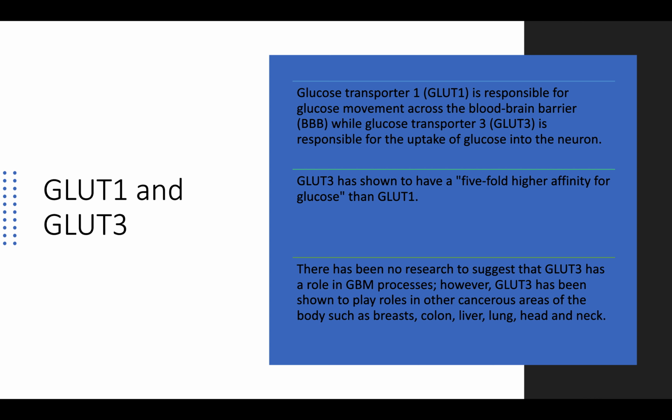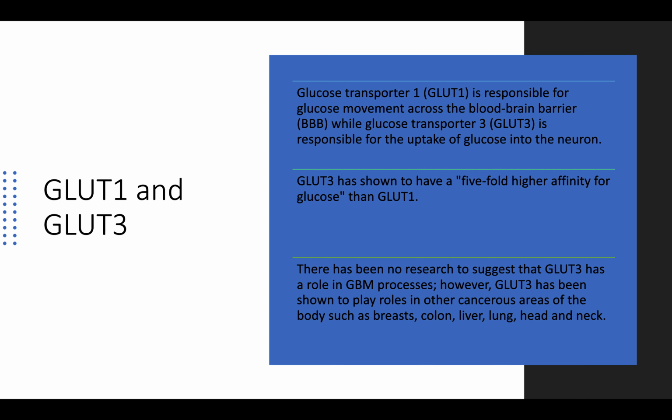So in the paper, there's GLUT1 and GLUT3. Glucose transporter 1, also known as GLUT1, is responsible for glucose movement across the blood-brain barrier, also known as BBB. While glucose transporter 3, GLUT3, is responsible for the uptake of glucose into the neuron.